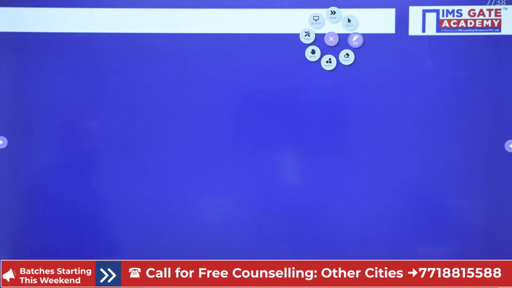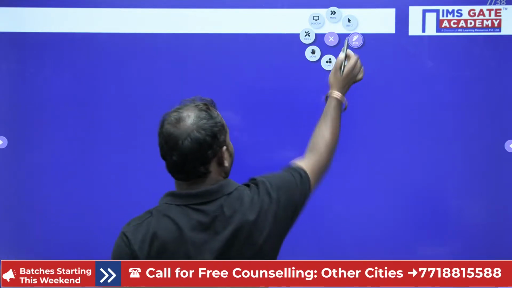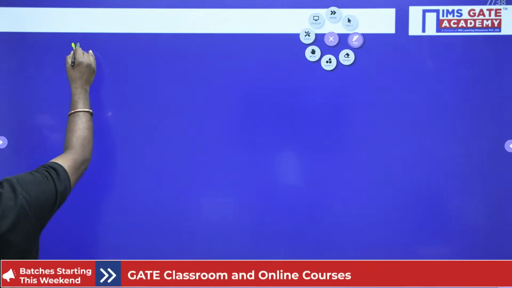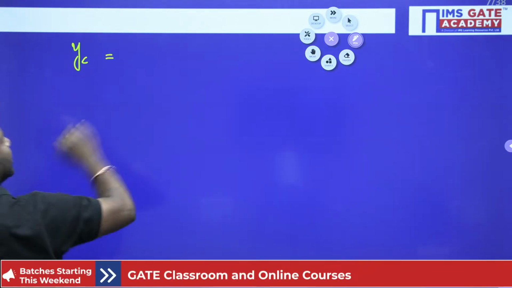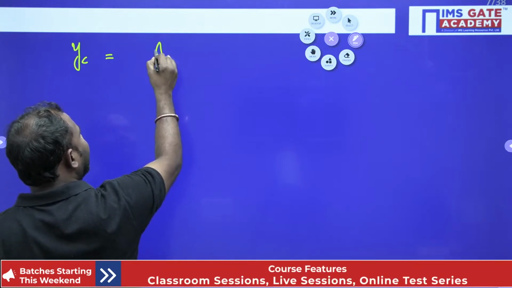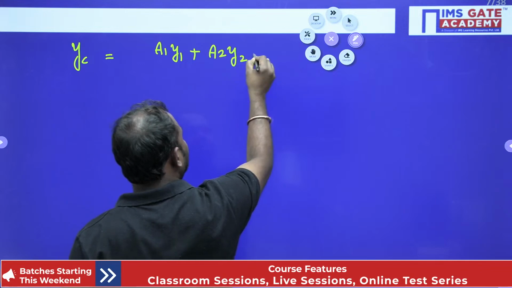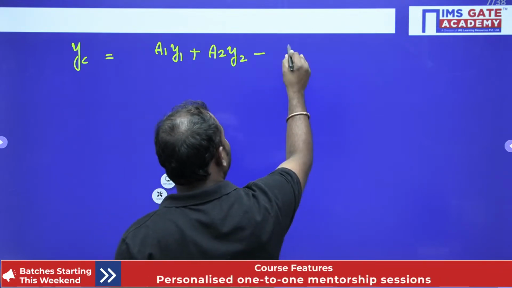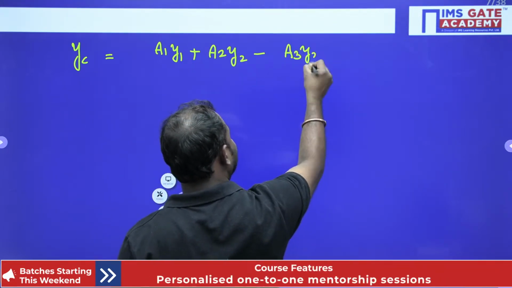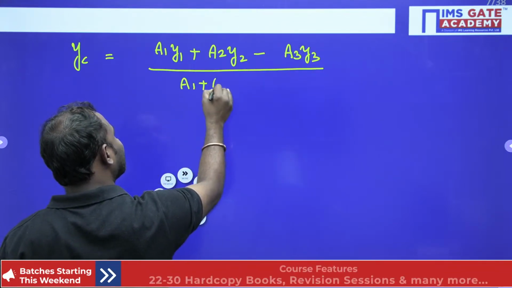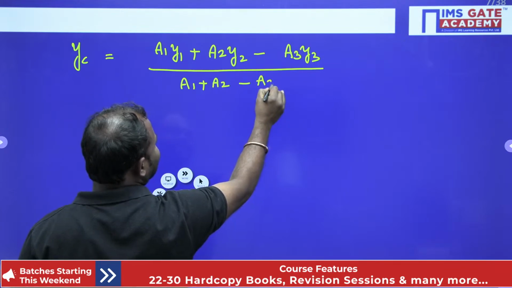All right. Now let us move to yc. Calculating yc, it is a1 y1 plus a2 y2 minus a3 y3, divided by a1 plus a2 minus a3.